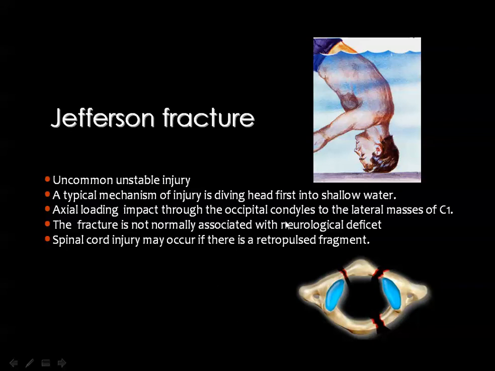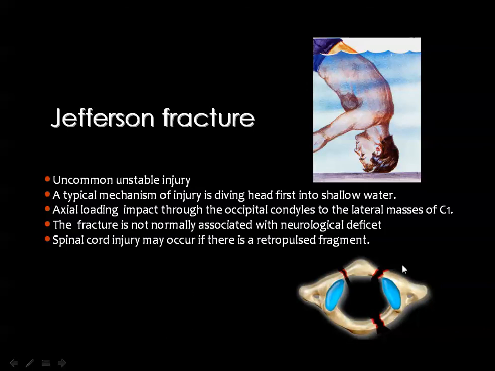This fracture results from axial loading impact through the occipital condyles to the lateral masses of C1, and one of the best examples of a common cause is diving in shallow water. The fracture is not normally associated with neurological deficits, and spinal cord injury may occur if there are retropulsed bone fragments inside the spinal canal.